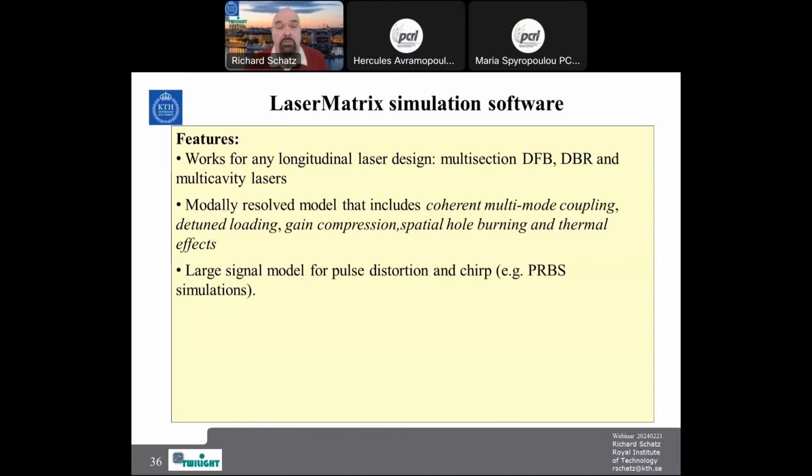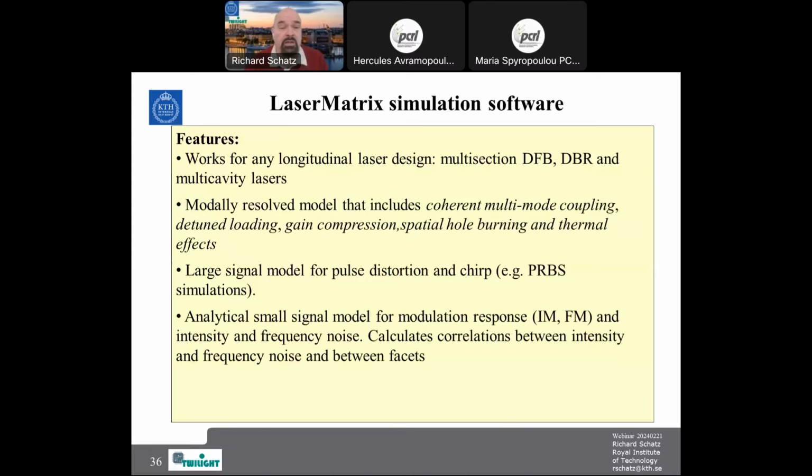You have a large signal model for pulse distortion and chirp, and you can do PRBS simulations and eye diagrams. You have an analytical small signal model, which is very fast, for modulation response and intensity and frequency noise. You can also calculate correlation between intensity and frequency noise, and intensity noise from forward and back mirror and so on.